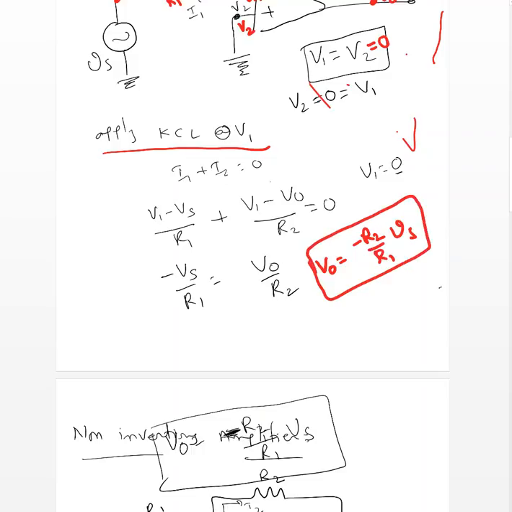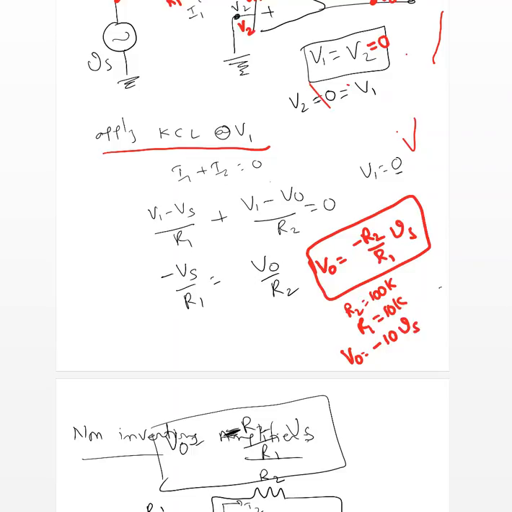Now say R2 equal to 100k and R1 equal to 10k. So V0 is inverted, but 10 times larger than the source value. Now assume the source value is 10 volts. What will be the output value? Minus 100 volts.